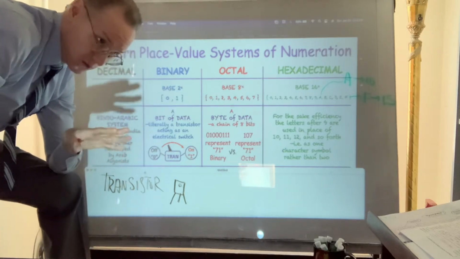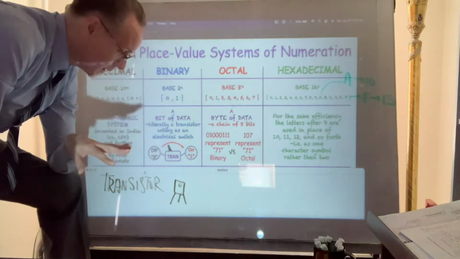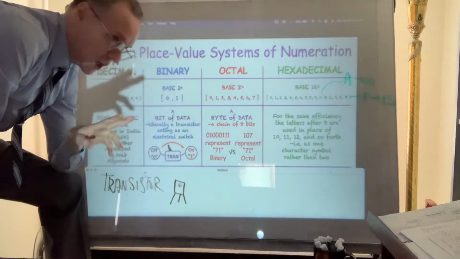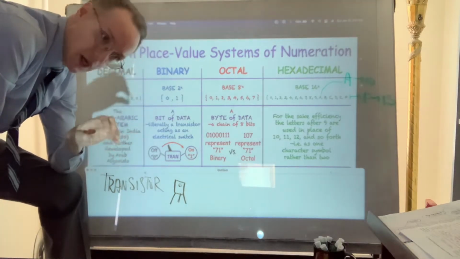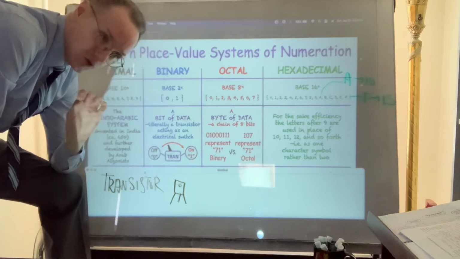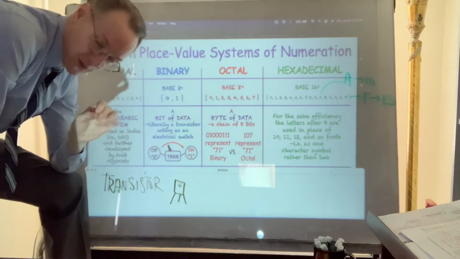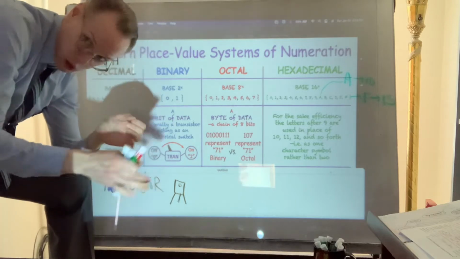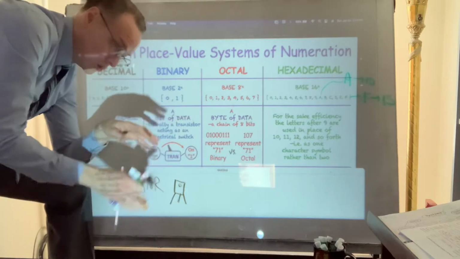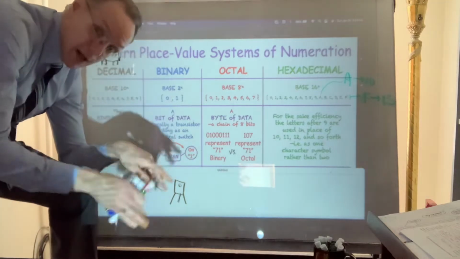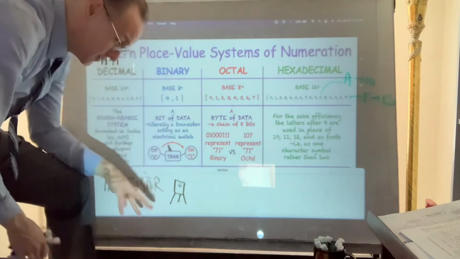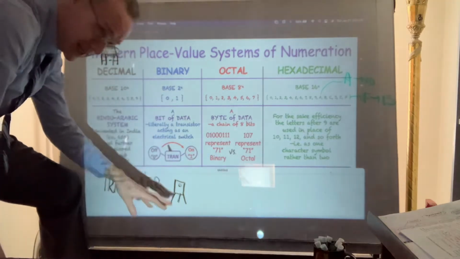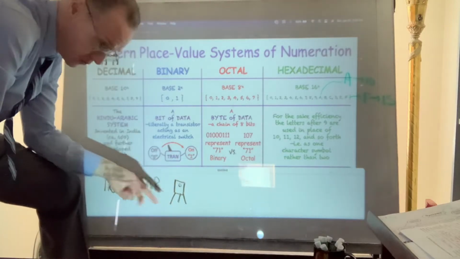Relays still exist and they're used in cars. It's basically controlling an electromagnet, using a very small amount of electricity so that you don't have to touch the switch. It's sort of a remote control, if you will. You use a small amount of current to operate a large amount of current. That's the basic principle of a relay upon which a transistor is based.